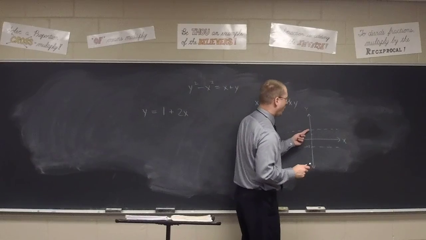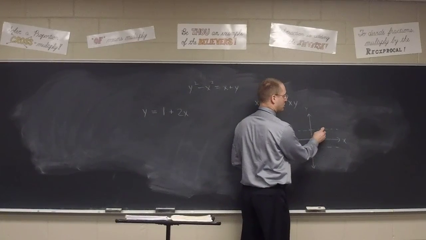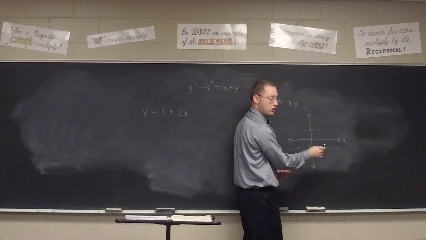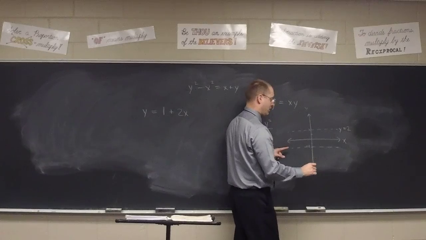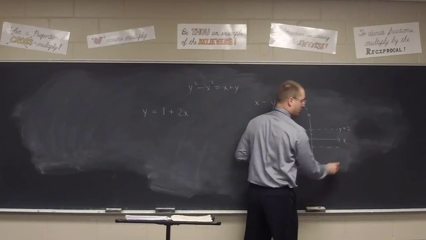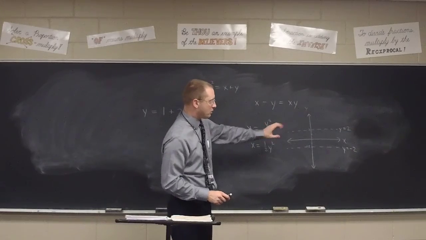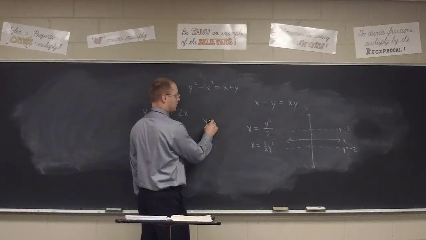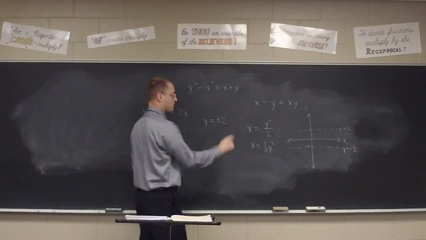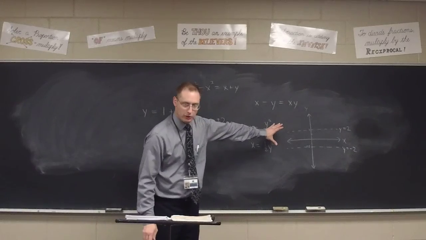But since they all have an ordinate of 2, we could just say this line is y equals 2. And this line could be written y equals negative 2. So how could I write a single equation that describes this locus? Well, y equals positive negative 2. And this equation fully describes the locus of points.